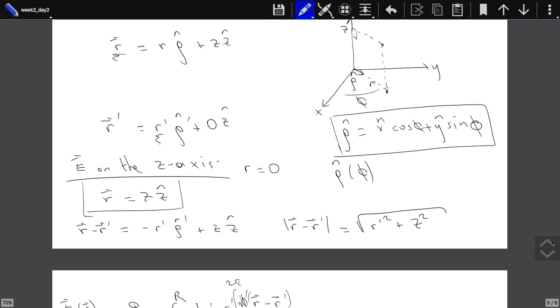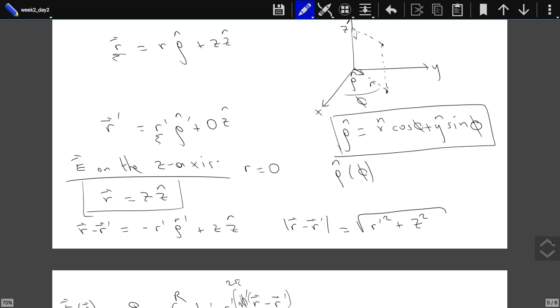Since I put my electric field point on the z-axis, the r vector only has the z coordinate, it doesn't have the rho hat coordinate, so this is the form of my r vector. That is the form of my r prime vector, so r minus r prime vector. I have two vectors, just subtract them, and this is what I get. Rho hat and z hat are orthogonal to each other.